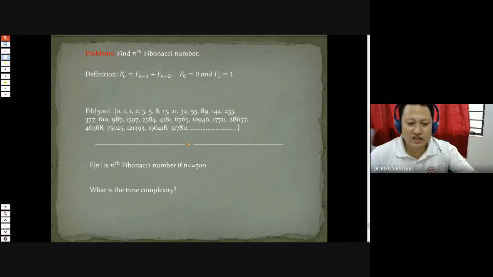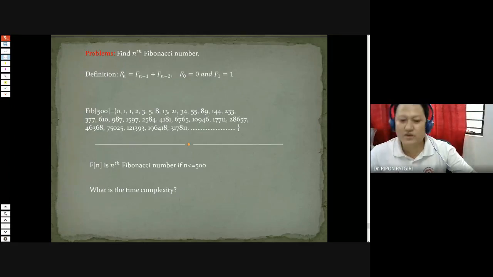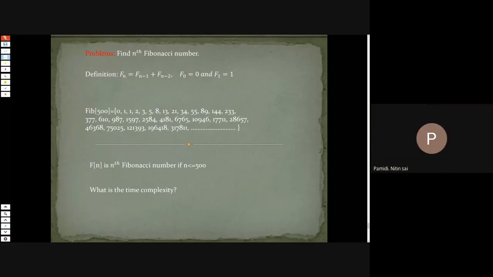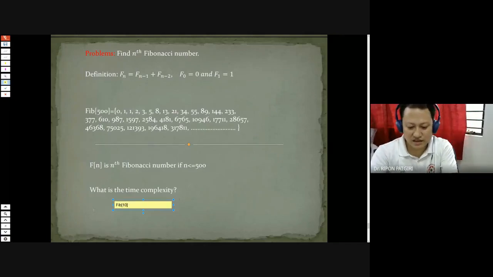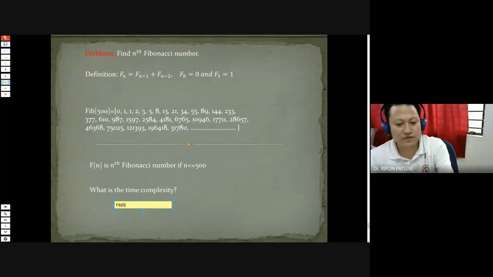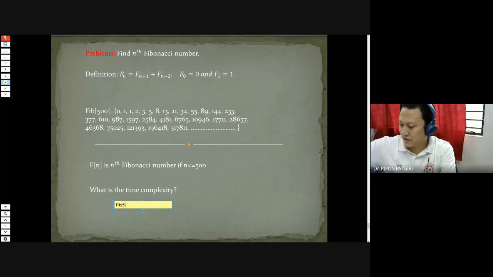So what is the nth Fibonacci number? Say the nth Fibonacci number would be the 100th Fibonacci number, so Fib of 100. Fib of 100 is the 100th Fibonacci number. Say fifth Fibonacci number: Fib of 5 is the fifth Fibonacci number.